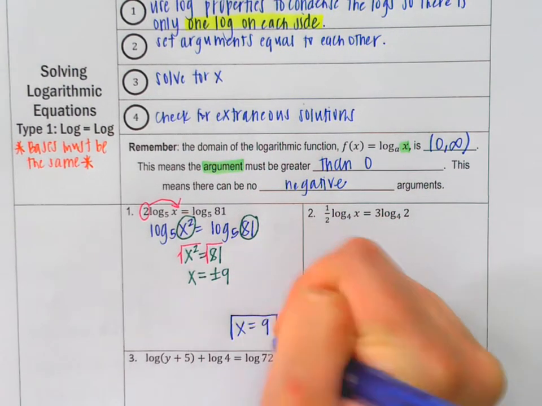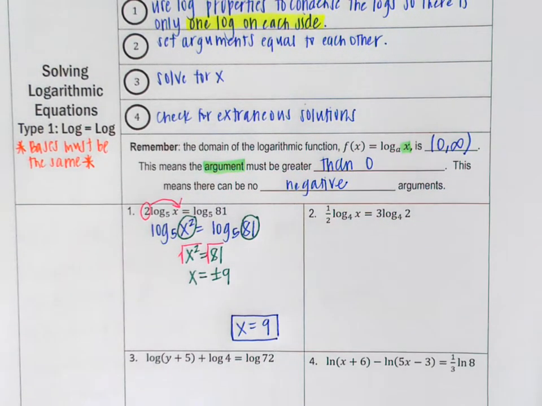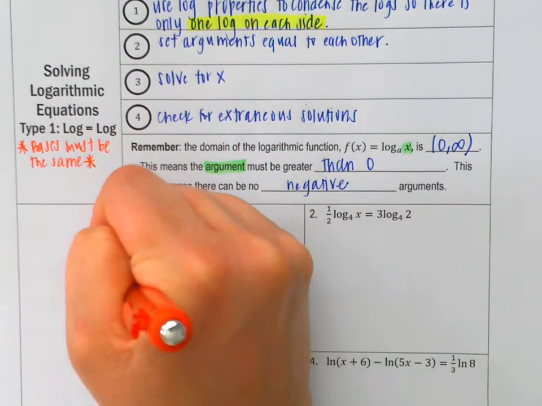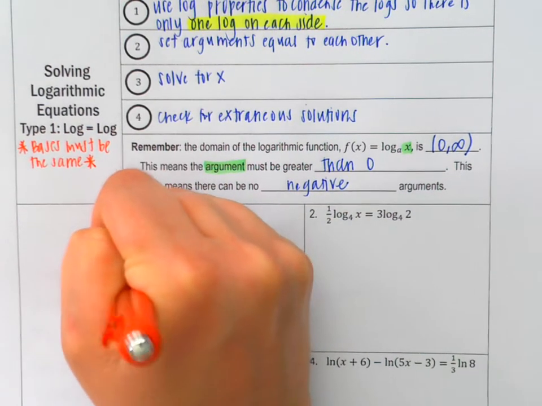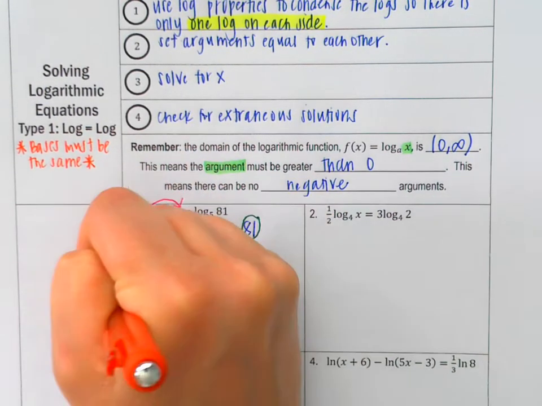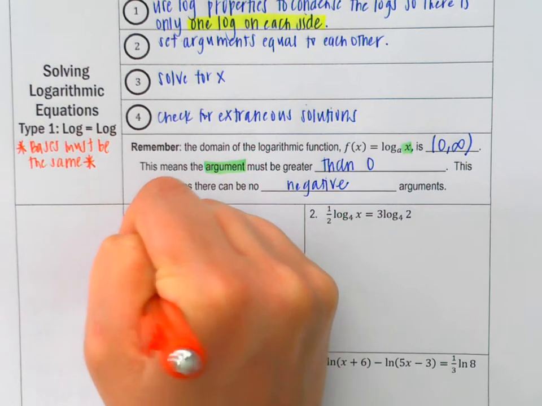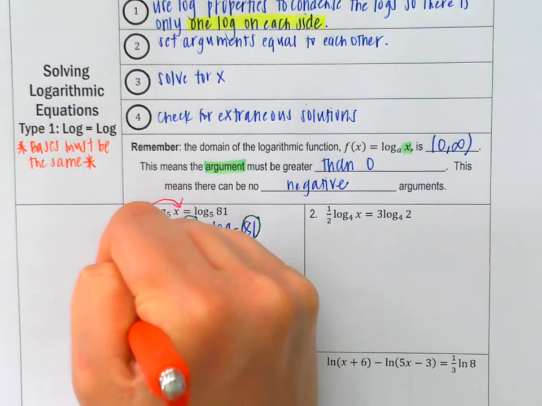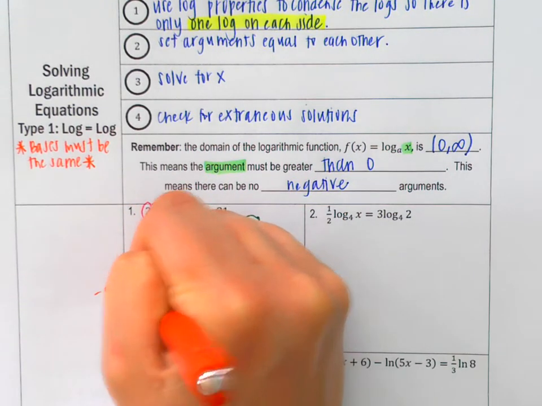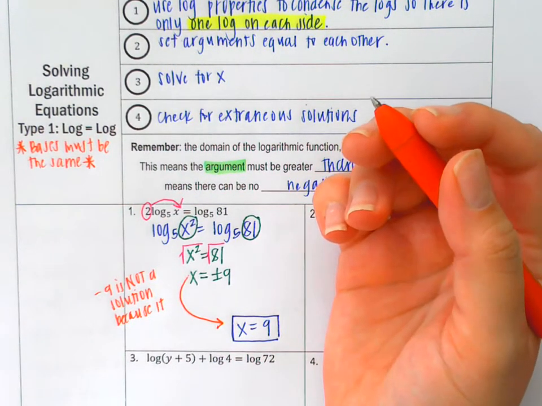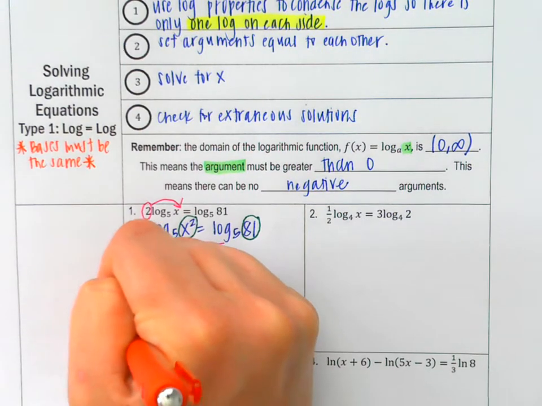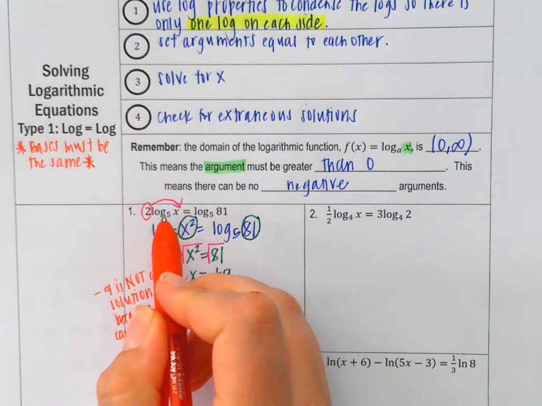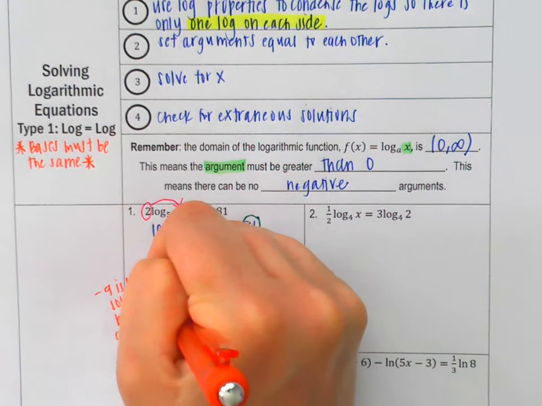So let's write that so we remember. Negative 9 is not a solution because it causes log base 5 of x, this one up here, to have a negative argument.